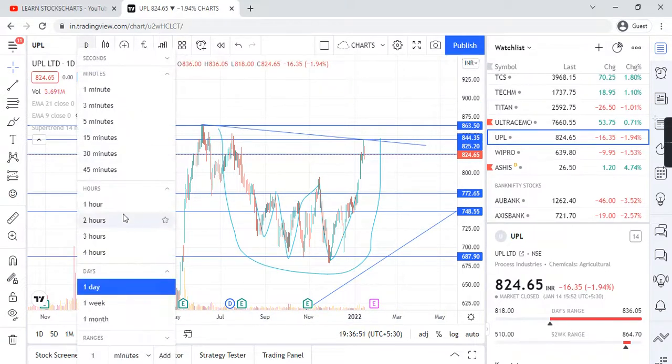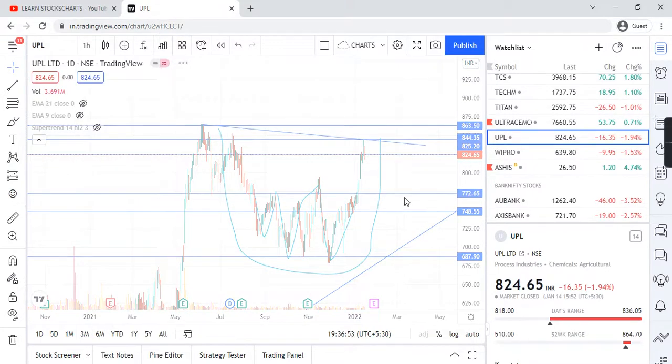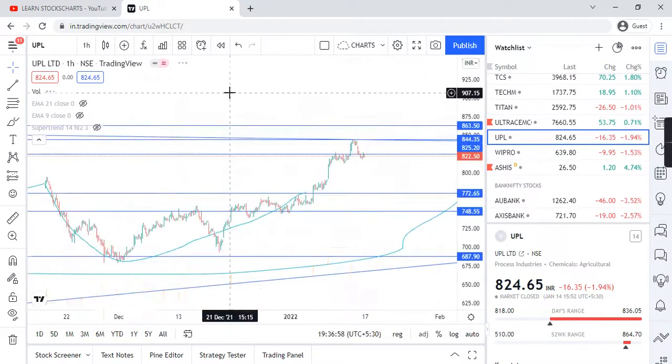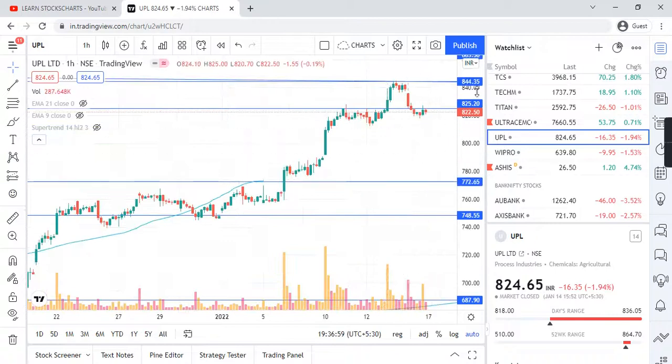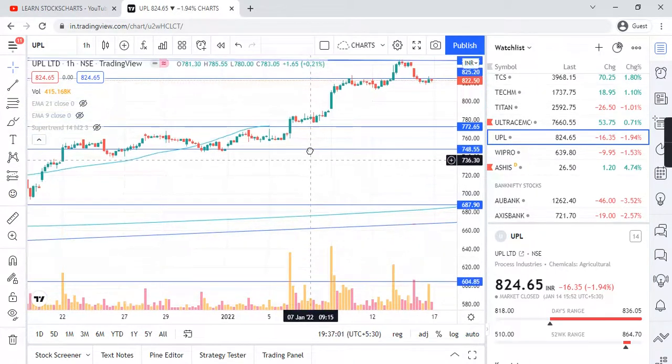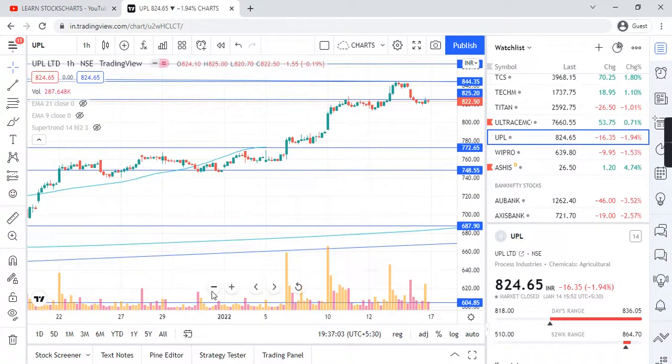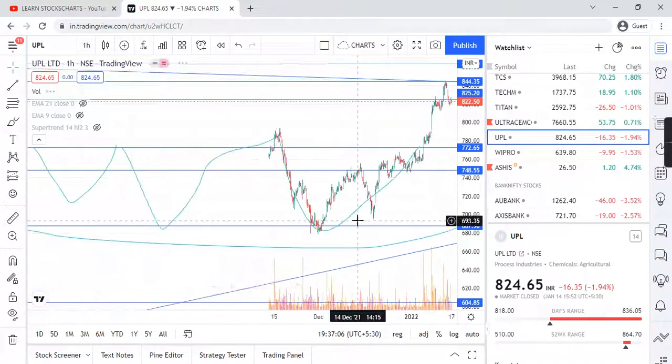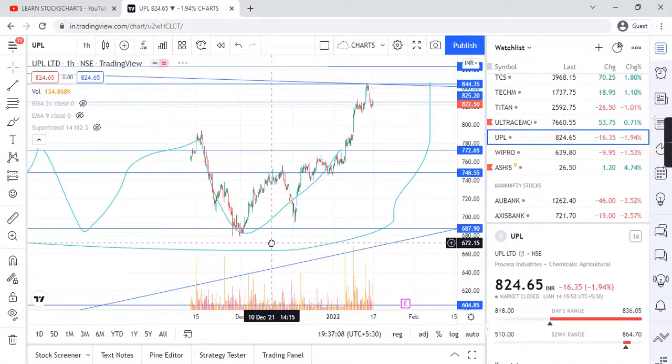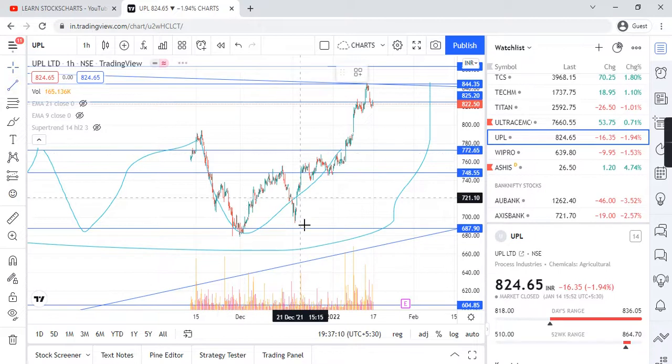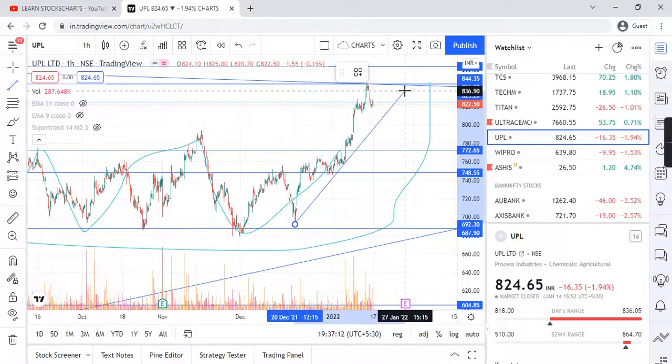And one more thing, in the hourly chart pattern, in hourly also I am able to see the trend line, this one.